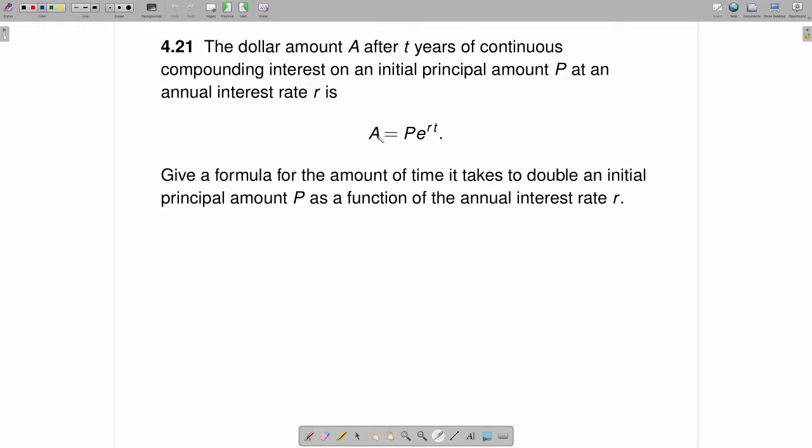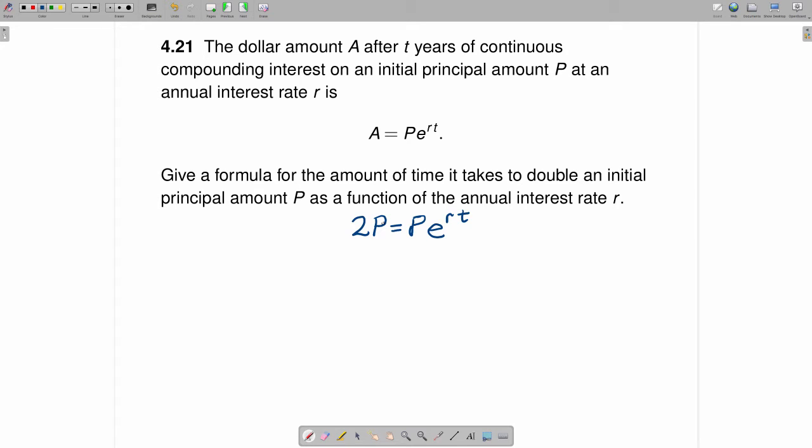So in this particular case, we have a formula here, and it says P is how much you put down initially, and then after T years at an interest rate R, you'll eventually have A. So if we want to double an initial principal P, we will leave our P times e to the RT on the right-hand side, and then we'll put a 2P over here on the left-hand side.